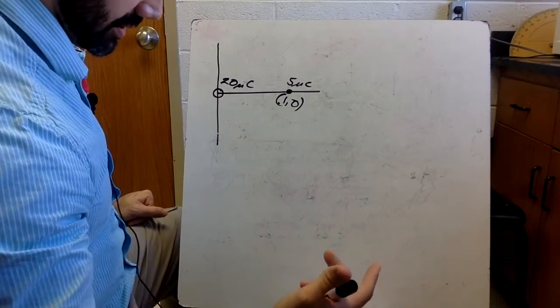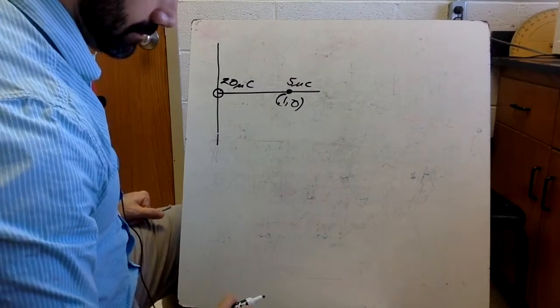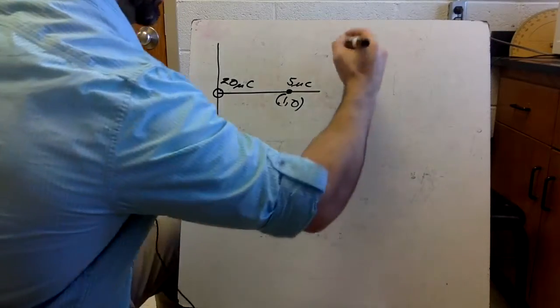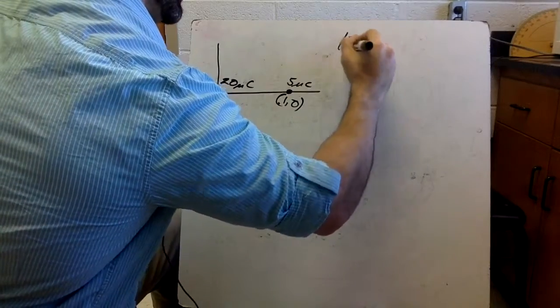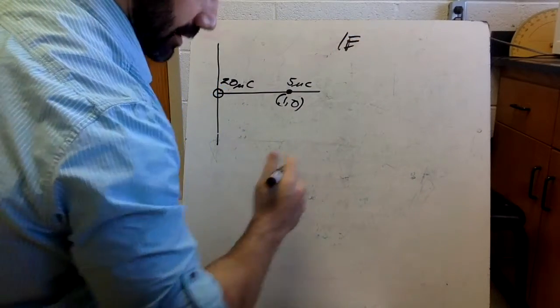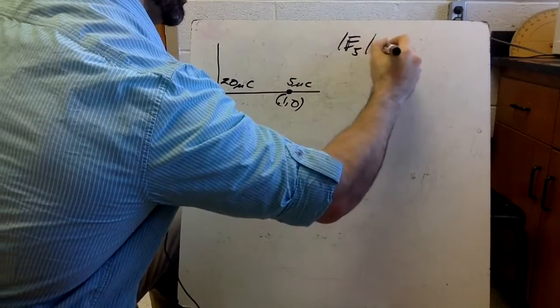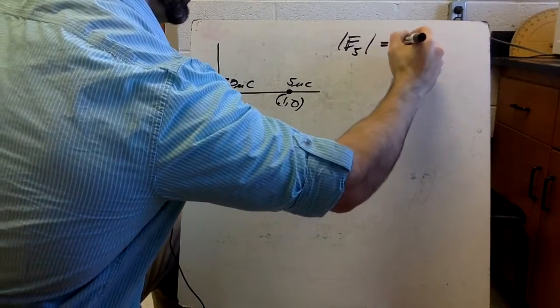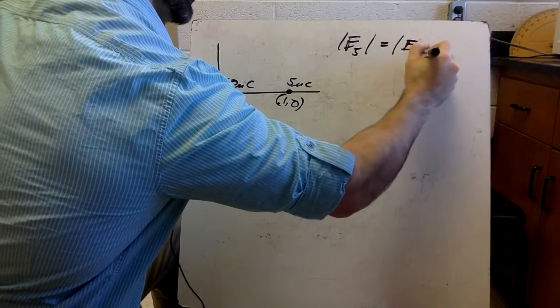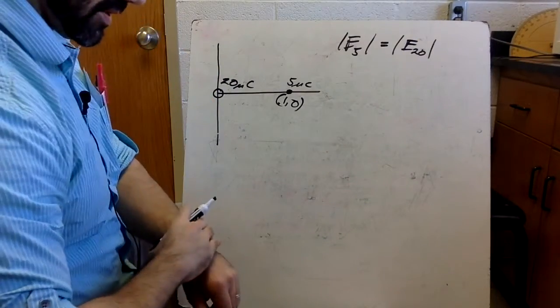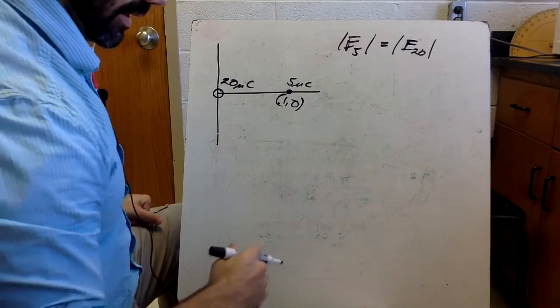So now we have question A, where will it be equal to 0? What we'll do is set the magnitude of the electric field from the 5 microcoulomb charge equal to the electric field of the 20 microcoulomb charge. That's the place where they're going to balance out.